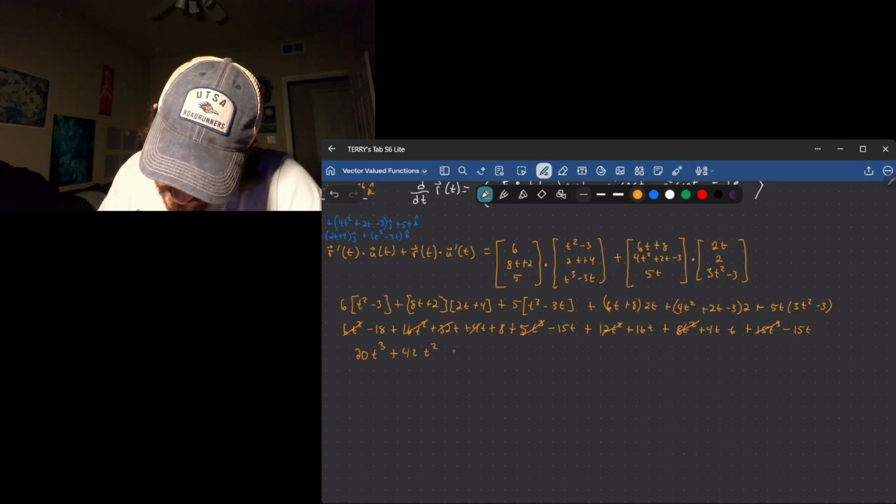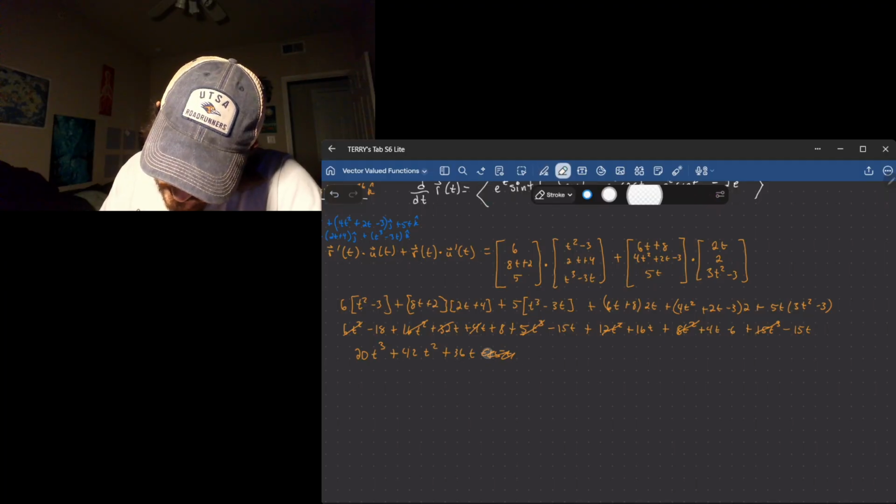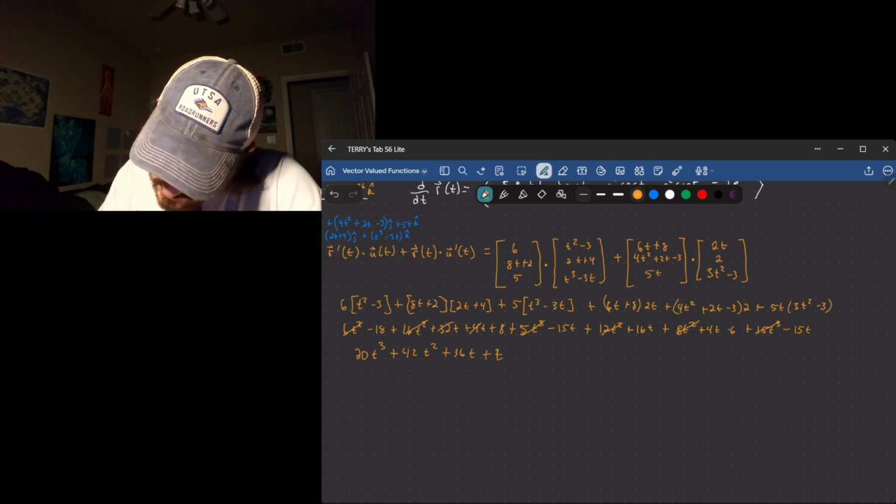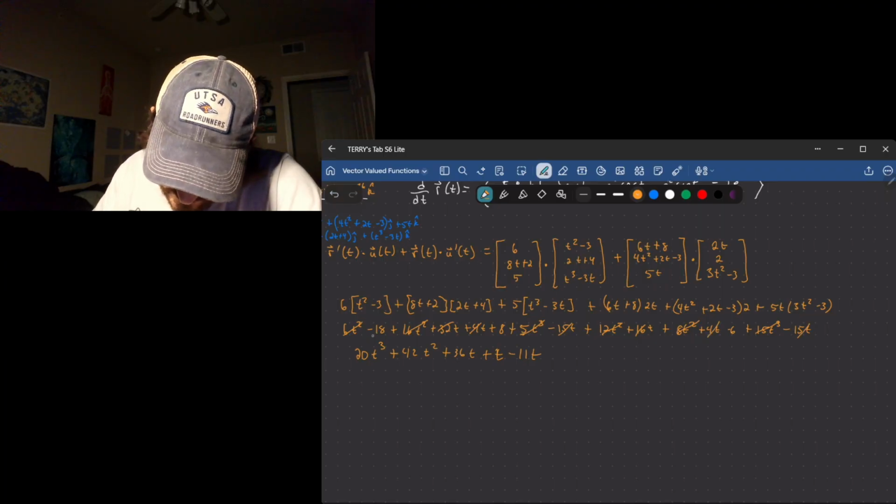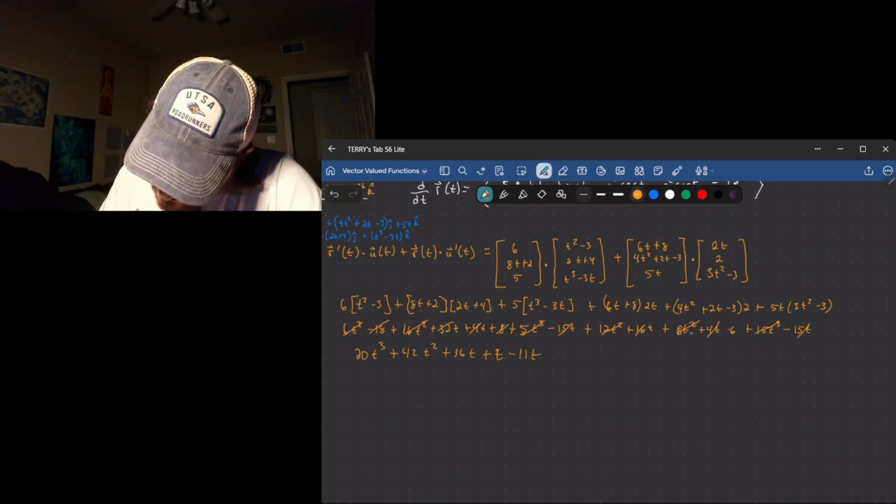Now, this one has some subtraction in it too, so I'm not going to try and do that in my head. So we got 36 minus 15t plus 16t, so we can just rewrite this as plus 1t. Okay, so that takes care of that and that. And then we got 4 and negative 15, so it's minus 11t. Okay, and then negative 18 and 8 is negative 10.